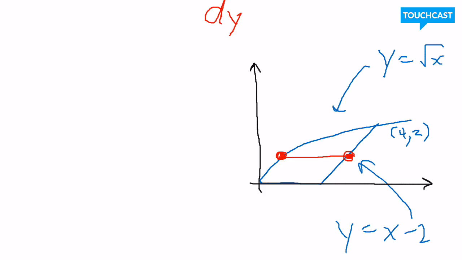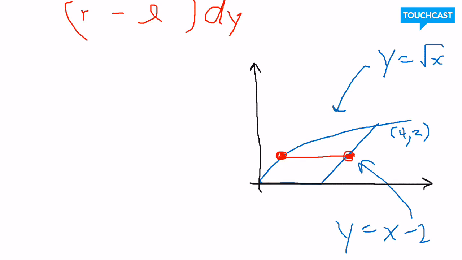So what I'm going to have here is the right-hand x minus the left-hand x. So right minus left.